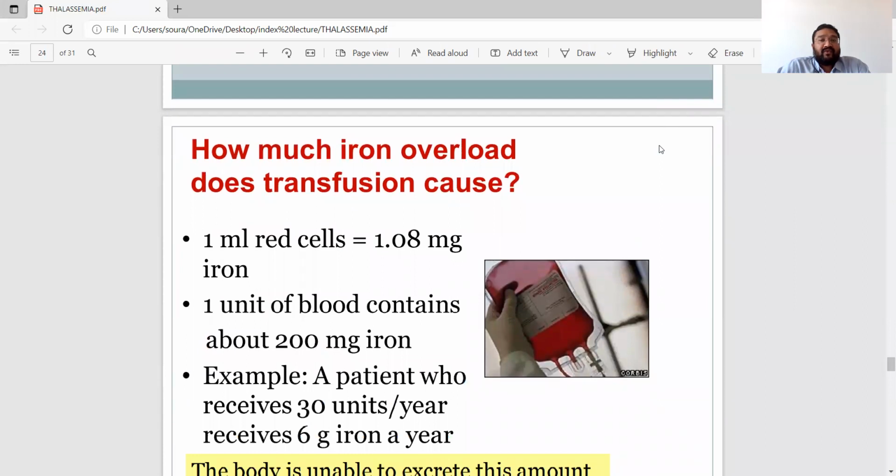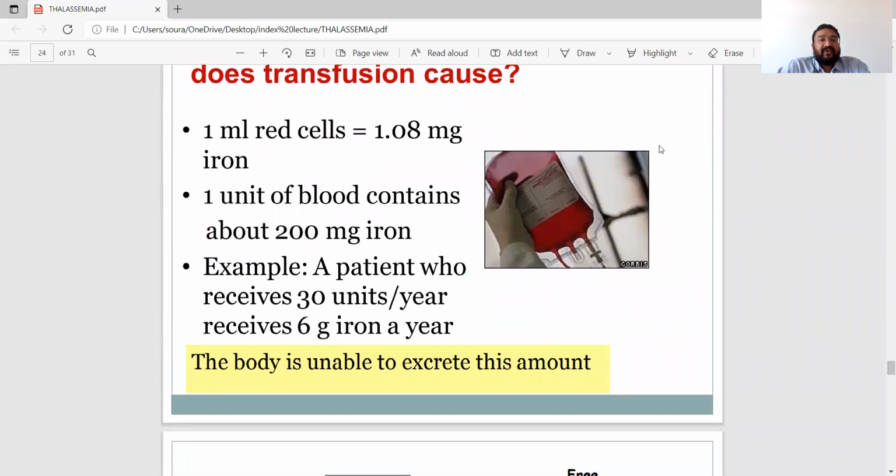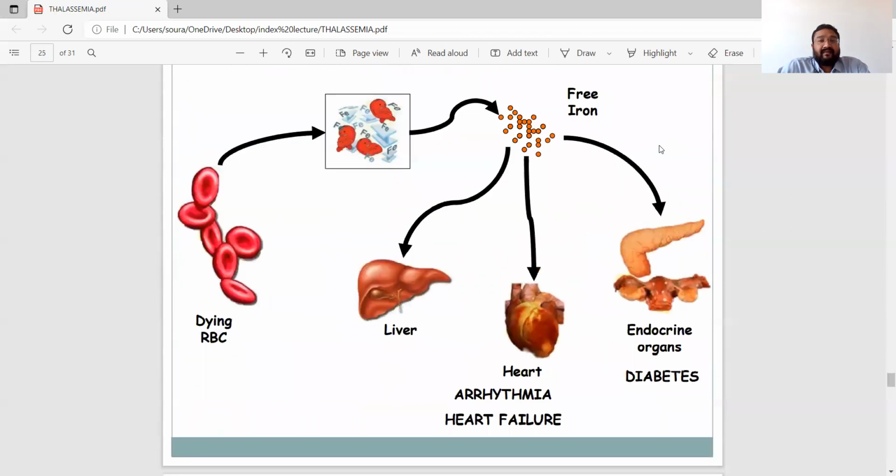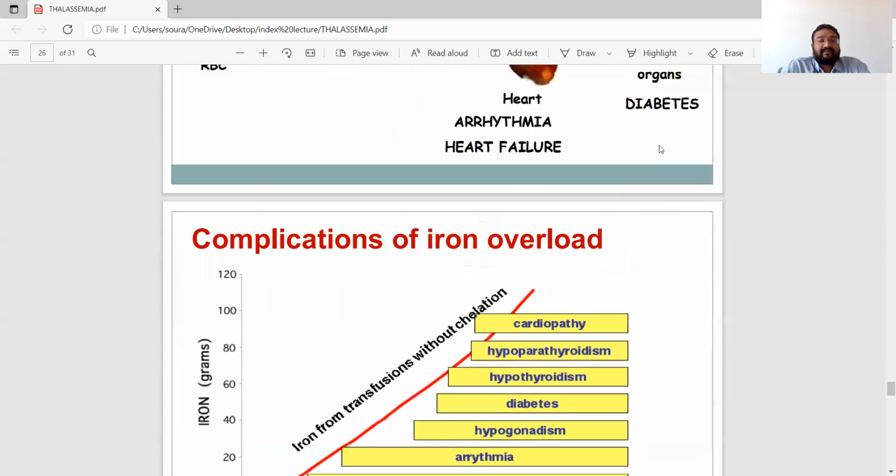Now, how much iron overload does transfusion cause? Normally, 1 ml of red blood cells contains 1.08 milligram of iron, and 1 unit of blood contains about 200 milligram of iron. So, a patient who receives 30 units per year receives approximately 6 gram of iron in a year, and the body is unable to excrete this much iron.